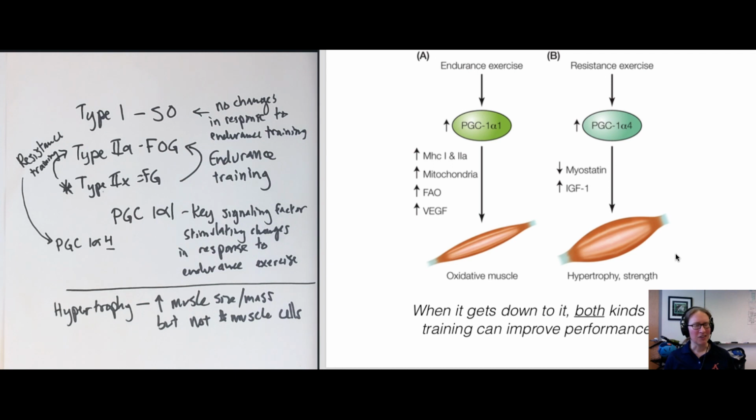All things considered, right, if you're thinking about what makes the most sense for my muscles, at the end of the day, usually it's best to engage in a combination of both types of training, right? There are a lot of benefits to endurance training, but there are also a lot of benefits to resistance training. And collectively, both forms of exercise can improve overall performance.